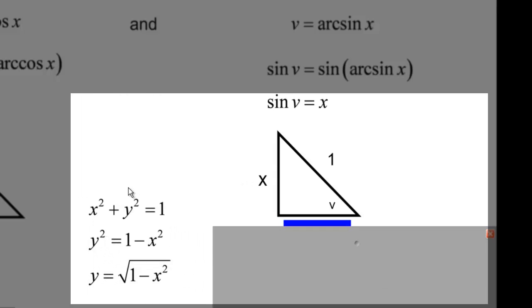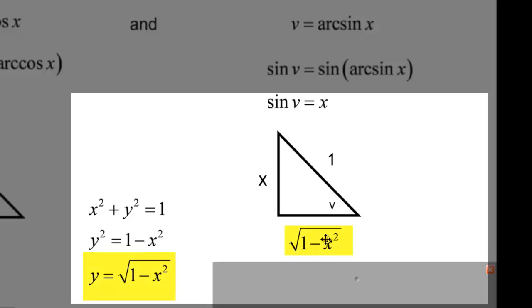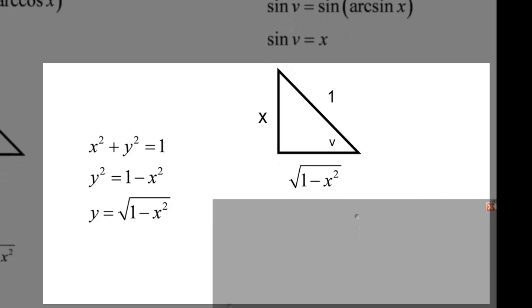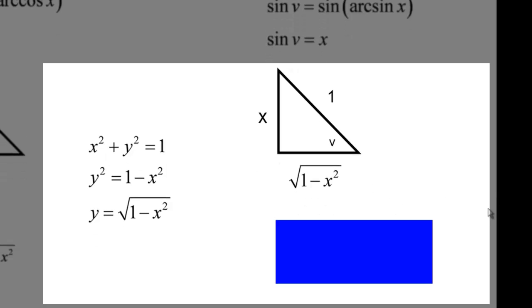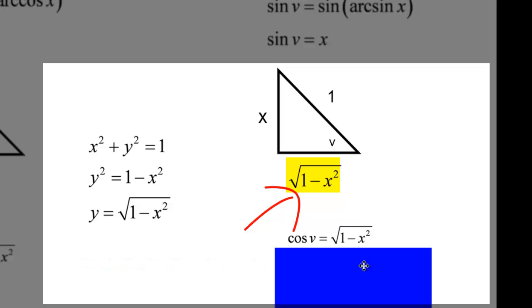The Pythagorean theorem work is exactly the same as I did before. So the other side of the triangle is also going to yield root 1 minus x squared. Therefore, if I look at the adjacent over hypotenuse, the cosine of v is the adjacent side, the radical 1 minus x squared, over 1.